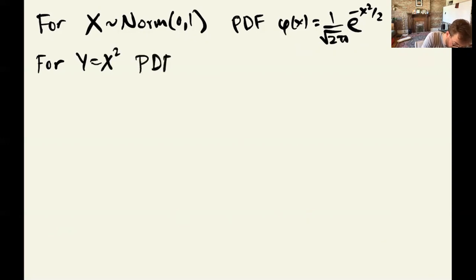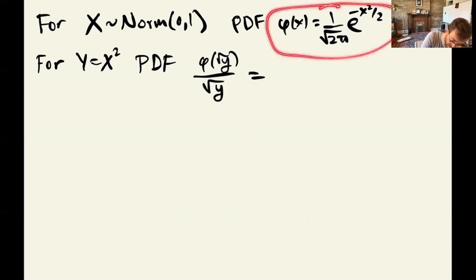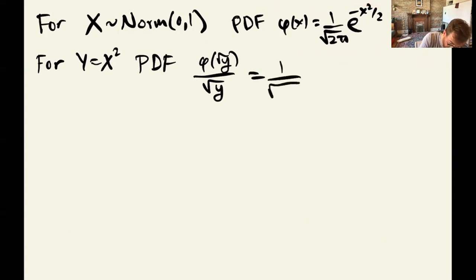Its PDF looks like phi of square root of y divided by the square root of y, which if I plug into this formula ends up giving me 1 over square root of 2 pi times y. So now I've got a y down there. And then e to the minus, well, x squared when x is square root of y is just going to give us back an e to the minus y over 2.